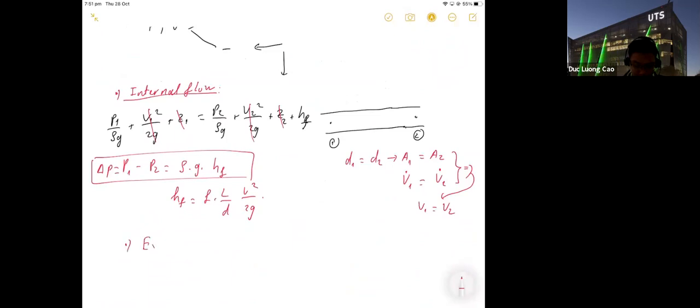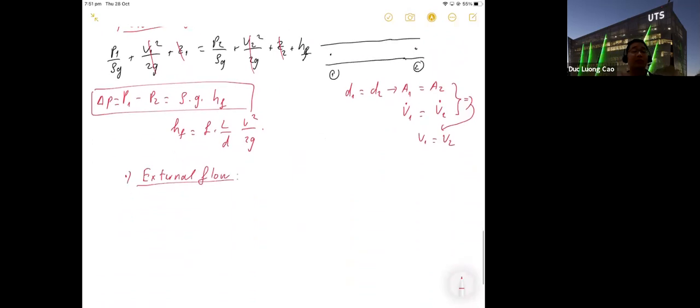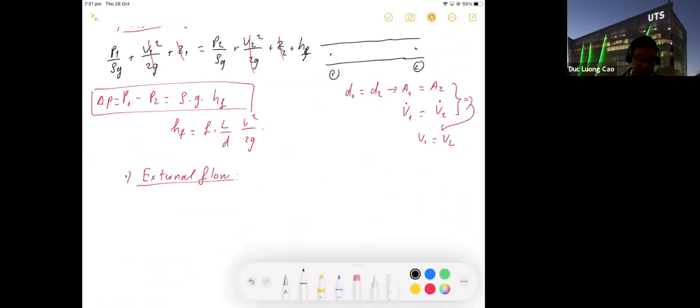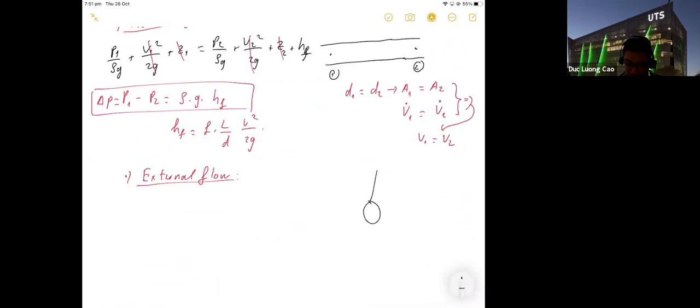External flow. External flow is what we studied today. What we studied today is when we have two forces, when you have an object such as a cylinder and airflow over the cylinder.